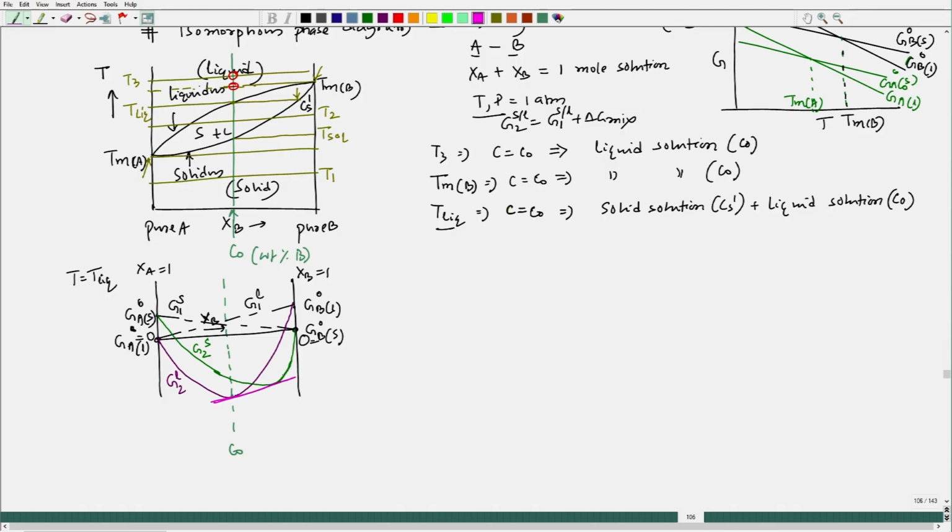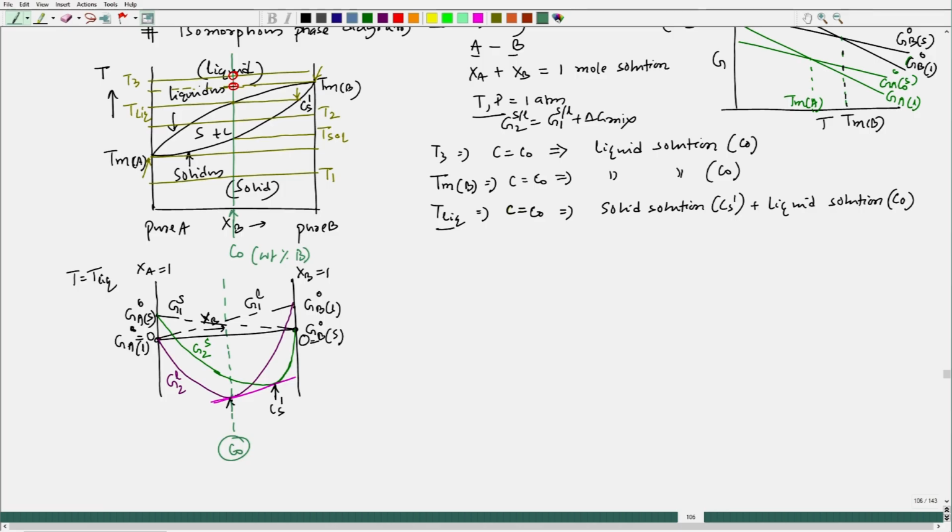Okay. So, now if I do a common tangent, that common tangent will pass through this. Okay. So, the one point would be exactly matching with this C naught for the liquid, and the other one would be at CS1, and this point would be C naught. So, that would be the situation.